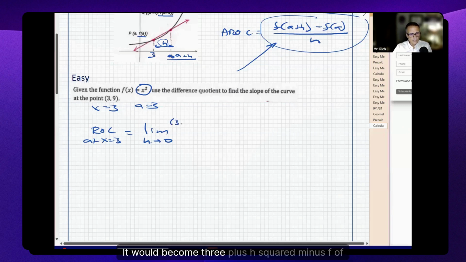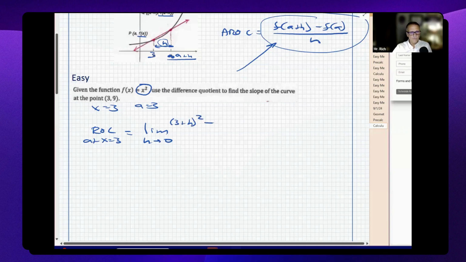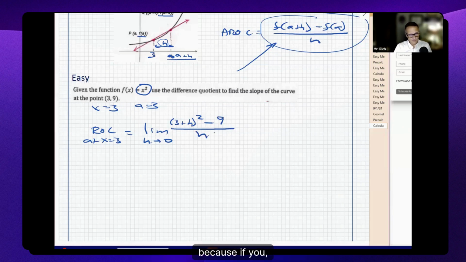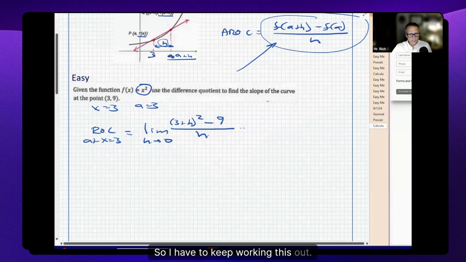It would become 3 plus h squared minus f of 3, which is 9, all over h. Now, I can't put 0 in. I can't do direct substitution at this point, because if you put 0 in for h, I'm going to get 0 over 0, and that's indeterminate. So I have to keep working this out.